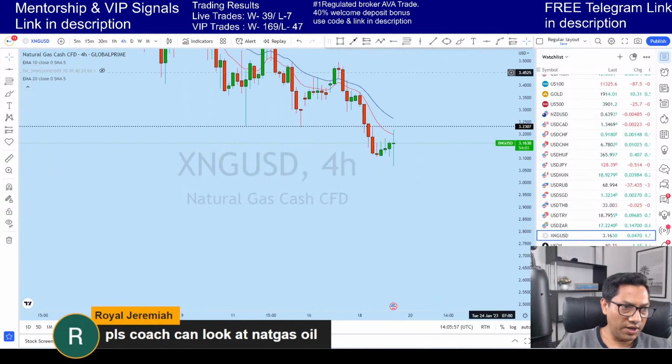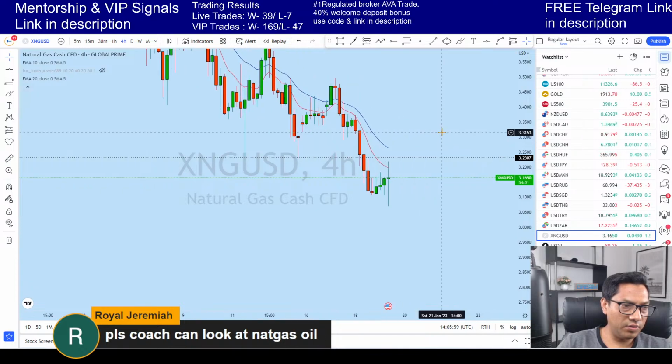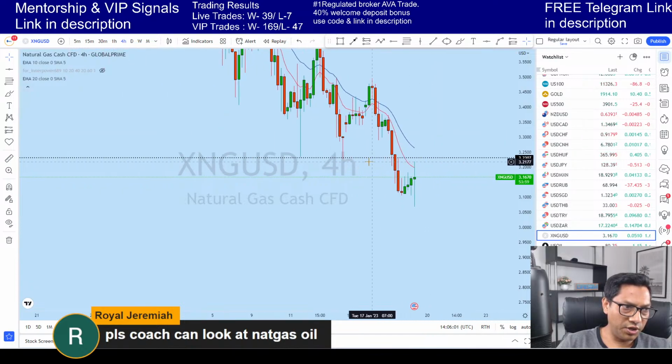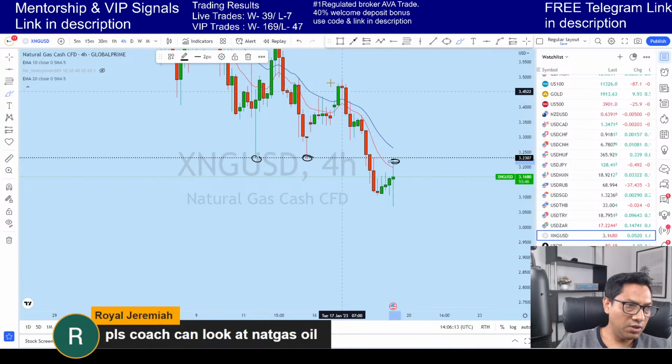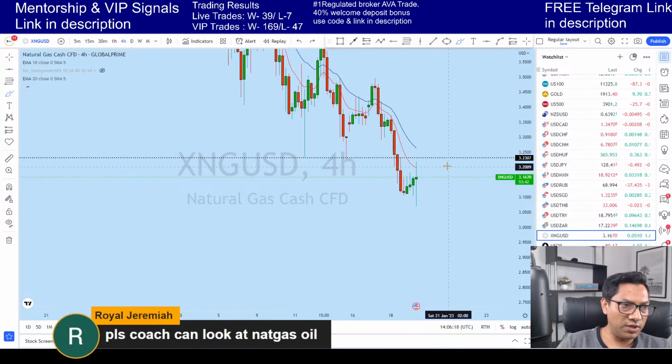Looking at the lower time frame, this is where a trading opportunity will come. I think this candle is closing in 53 minutes. After this doji, you could see that the price already tested this support as a resistance, but to be able to enter a good trade, I would say there needs to be a further retest of this level, and then once the price is rejected from this zone, that could be a zone for selling.